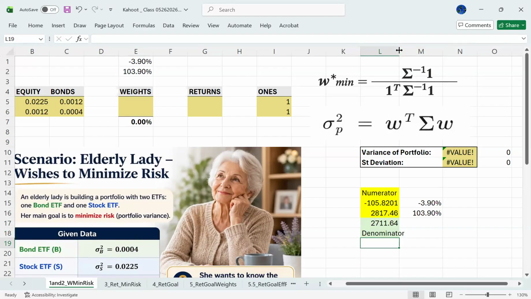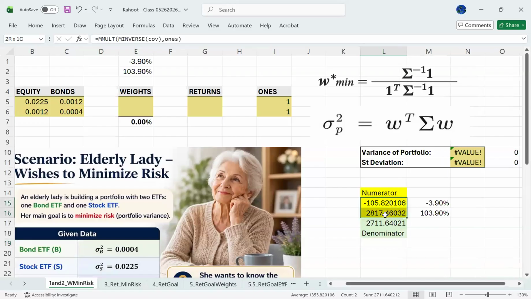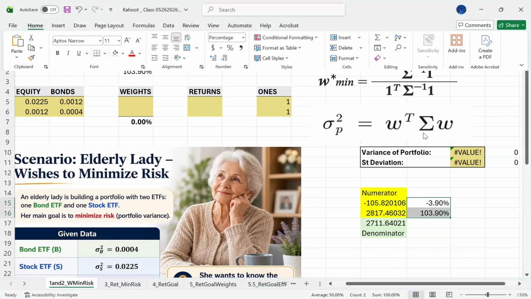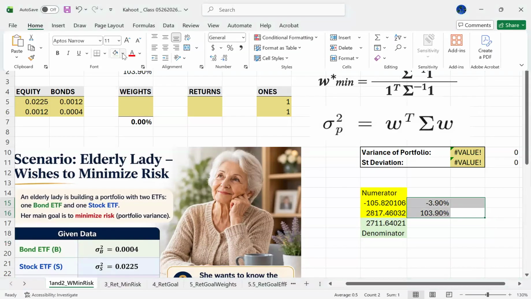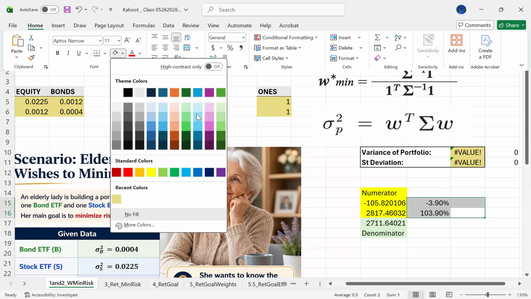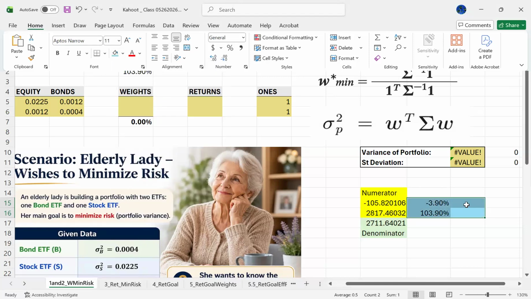And then when we divide this matrix by this scalar, the numerator by the denominator, we end up getting a matrix, which is essentially the solution to our minimization problem. Okay, so this is the solution right here.